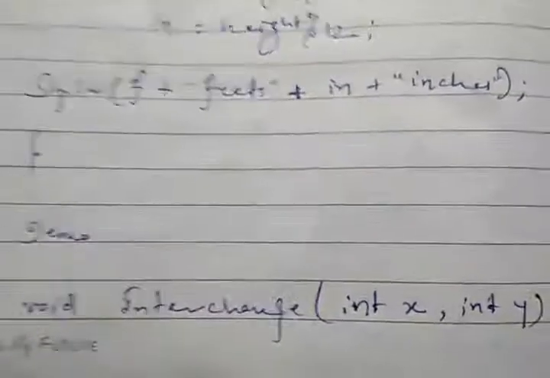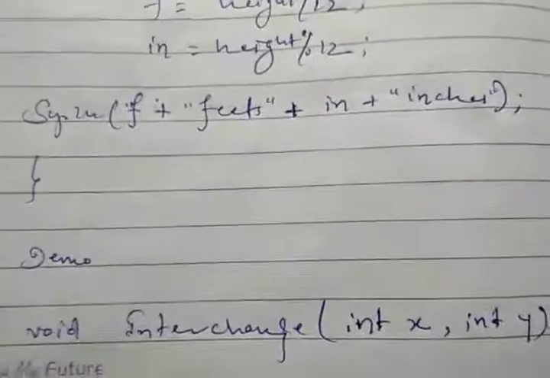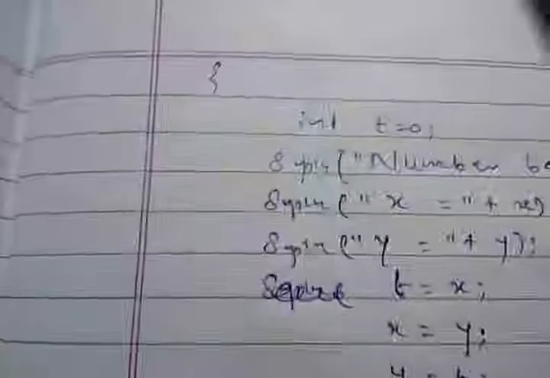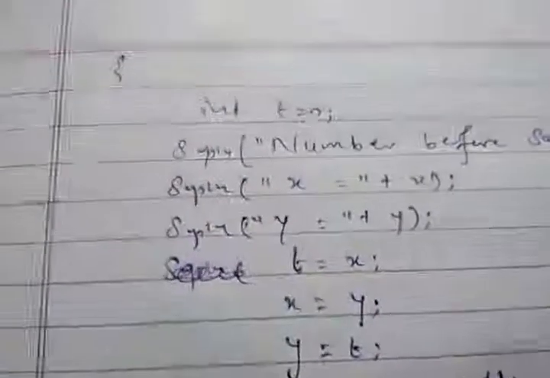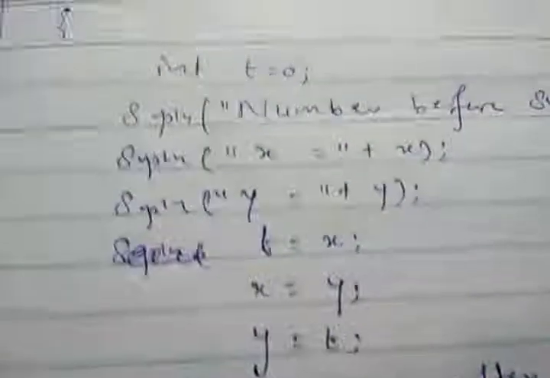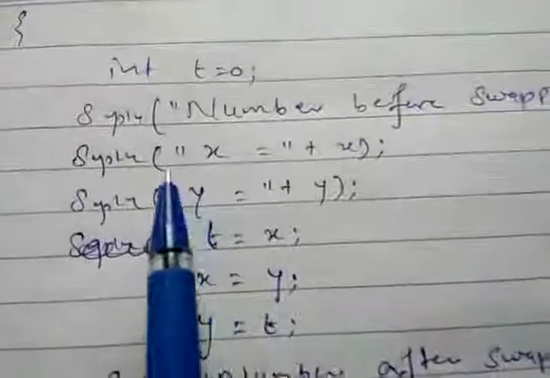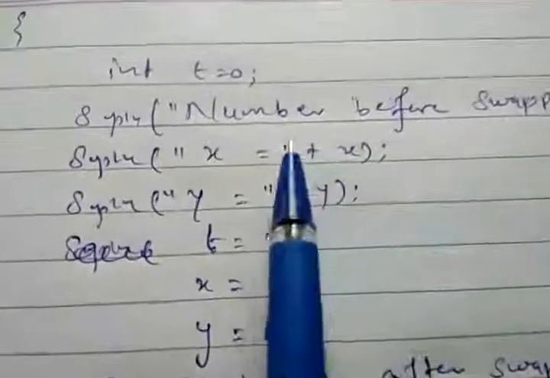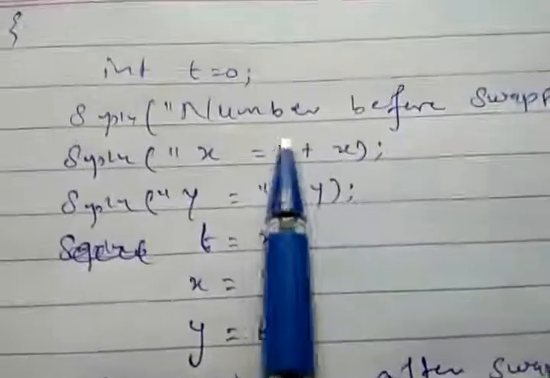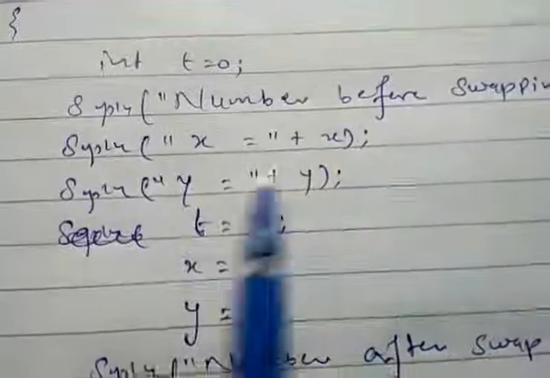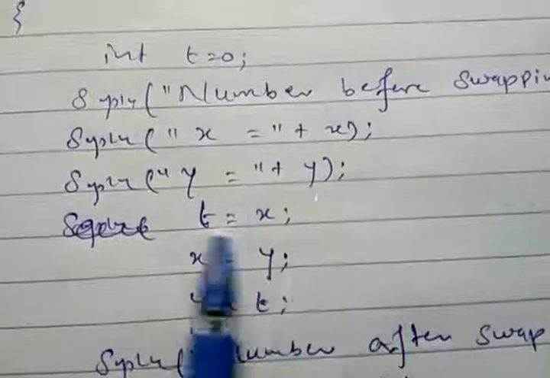In question number 13, we have to interchange the values of two variables, and the variables are x and y. For interchange we require a third variable, and first we are printing the values of x and y before swapping. So we are printing the message numbers before swapping, x equals x and y equals y.